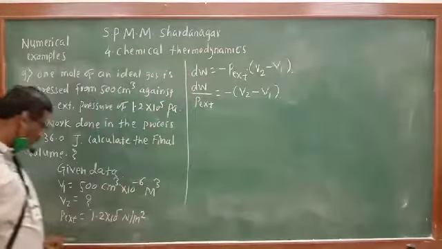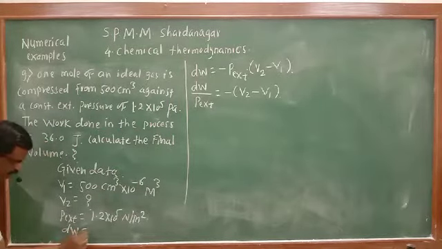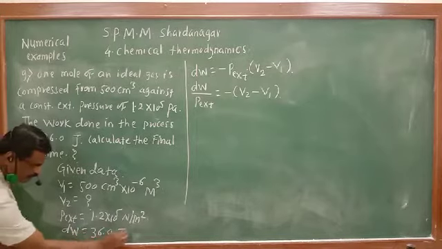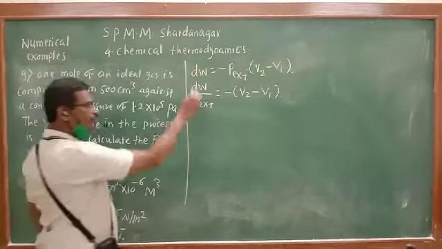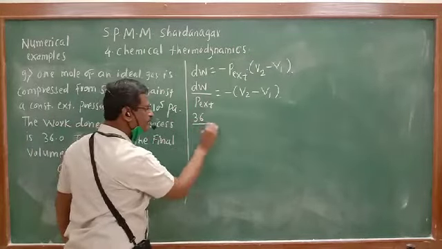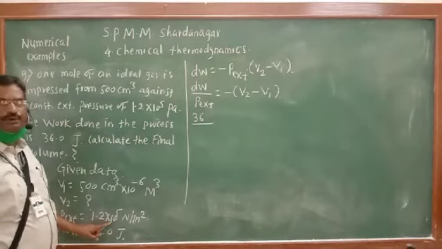What is dW? Work done obtained in this process, dW is 36 joule, in the same unit, SI unit. So dW is 36 divided by external pressure 1.2 into 10 raised to 5.